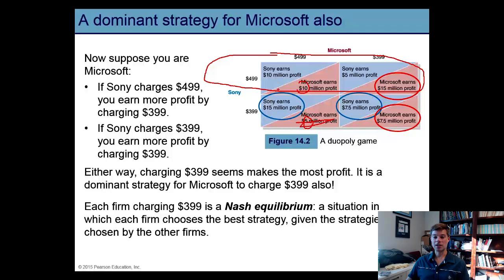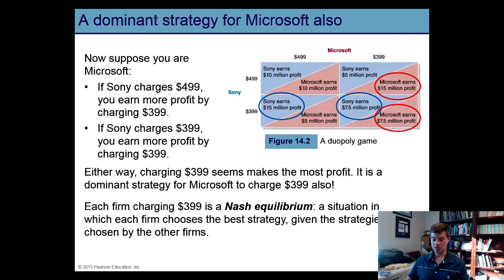Let's suppose that Sony picks the first row, which corresponds to a price of $499. Microsoft would compare profits in the first column of $10 million and profits in the second column of $15 million. Profits in the second column are higher, so Microsoft would want to pick the second column, which corresponds to a price of $399.